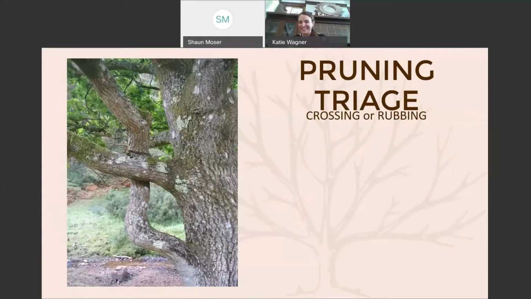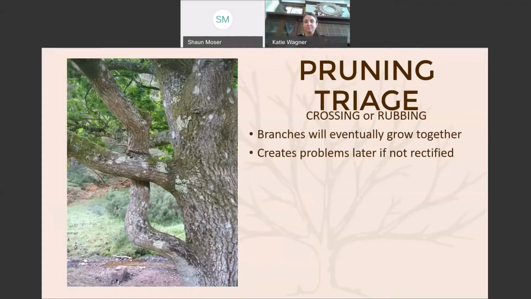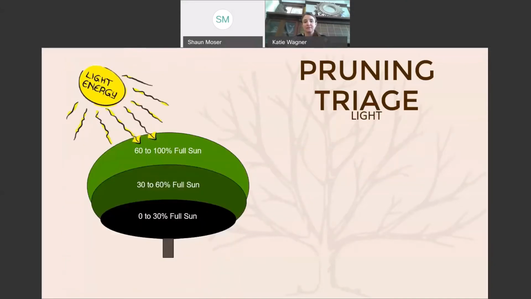They will eventually. So you have to make a decision about which one you want to keep and which one you want to leave. Okay. Those can go. It will create problems later if you don't rectify it.